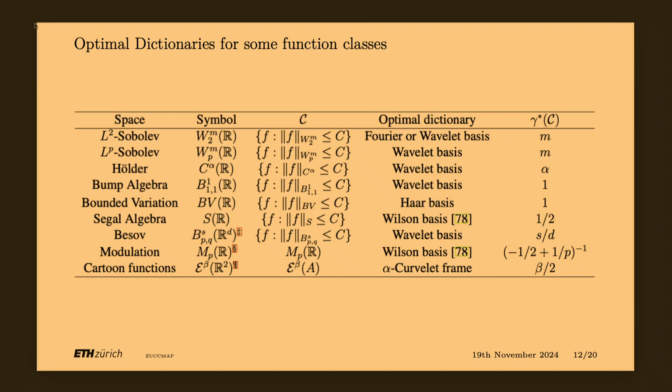Here we have essentially all of the function classes that are relevant in mathematical signal processing. Those function classes properly model a lot of the signals you can think of: images, sounds, whatever you want. And people came up with the optimal dictionaries, so we know what they are.